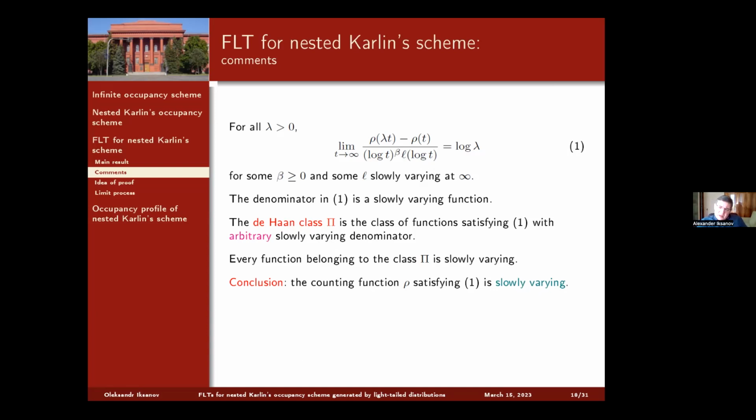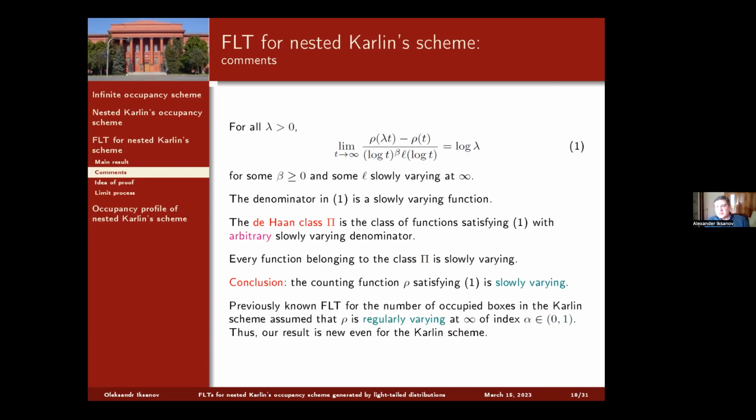And referring back to my short survey of relevant literature, I recall that all the previous writers dealing with functional limit theorems for the number of occupied boxes assumed that the hitting probabilities are regularly varying at infinity of some index from the open interval (-1, 0), or equivalently that the counting function rho is regularly varying at infinity of some index from the open interval (0, 1).